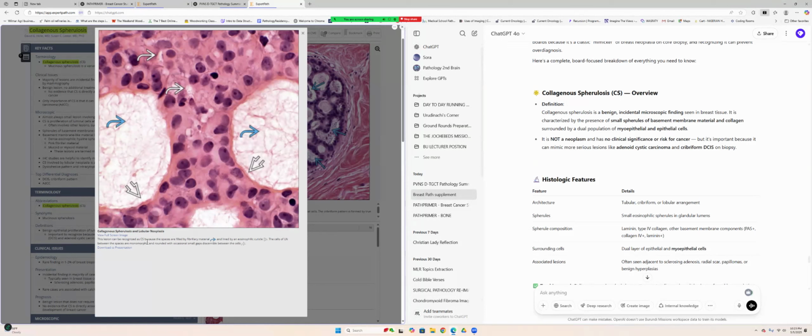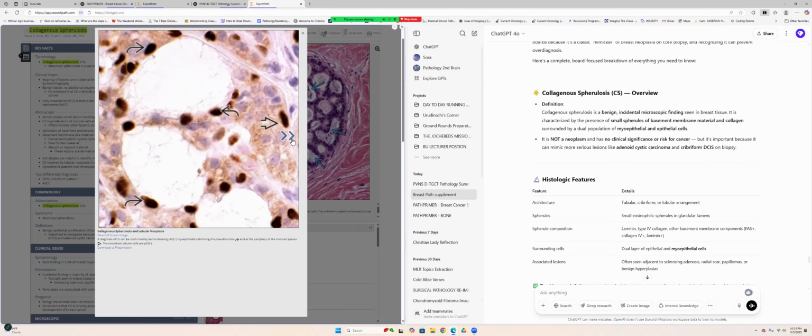The cells of lobular neoplasia are between the spaces and are monomorphic and rounded, with occasional small gaps discernible between cells. The diagnosis of collagenous spherulosis can be confirmed by demonstrating P63-positive myoepithelial cells lining the pseudolumina and the periphery of the involved spaces.